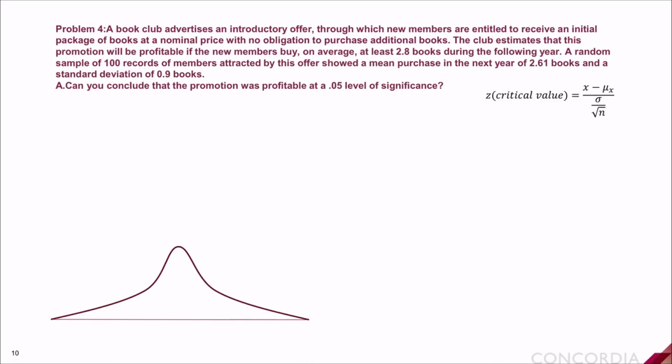Before we begin, let's highlight the important information the problem gives us. It gives us the significance level of 0.05, the standard deviation of our sample, which was 0.9 books, the mean of our sample, which was 2.61 books, and 2.8 books being the minimum requirement to be profitable.